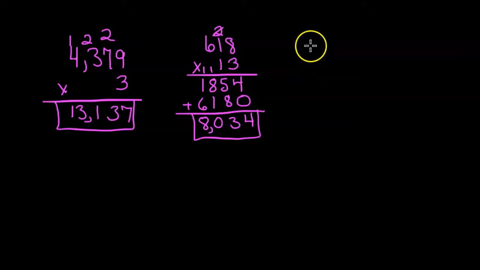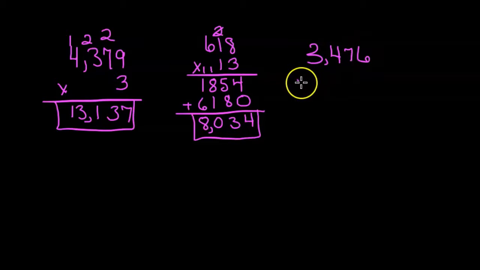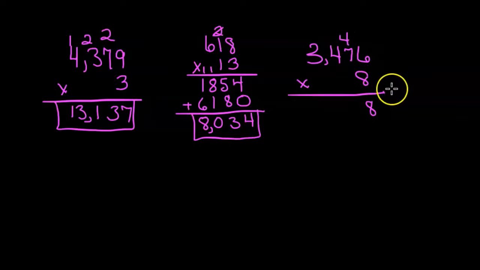All right, and then K, 3,476 times 8. All right, so we're just going to go number by number again. So now we've got 8 times 6, 48. Carry my 4. Right. And then 8 times 7 is 56 plus 4 will give me 60.